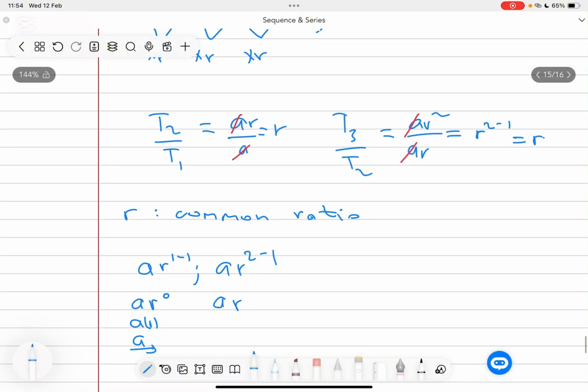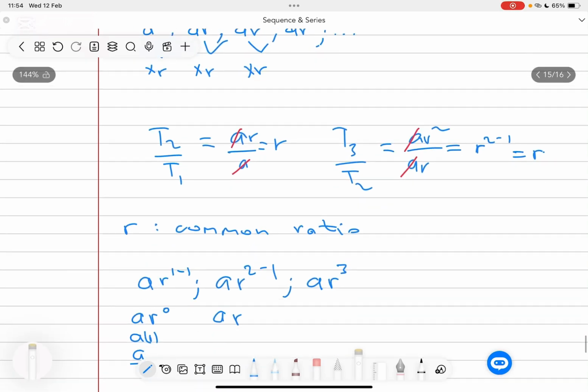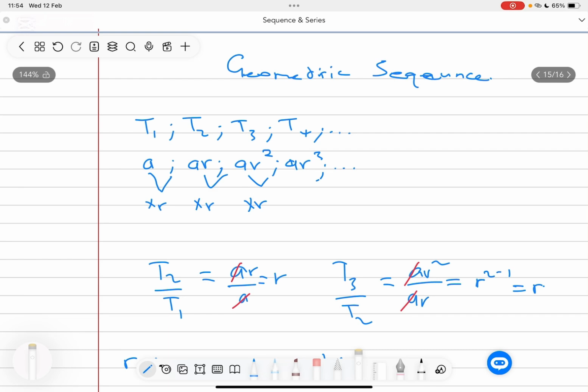To get term 3, we're going to do the same thing. We have A R to the power 3 minus 1, because we are on term 3, the number of terms, minus 1. The exponent here at the top should be 1 less than the number of terms. And this will simplify down to R to the power 2, because 3 minus 1 is 2.